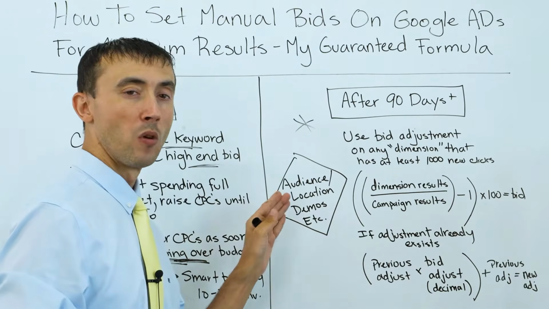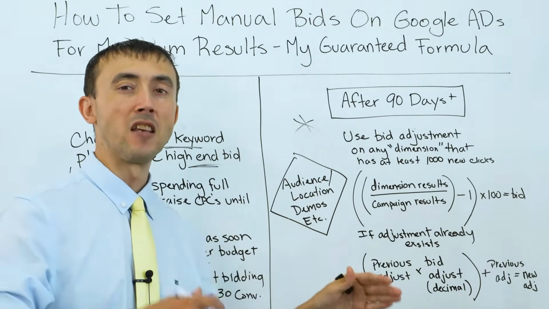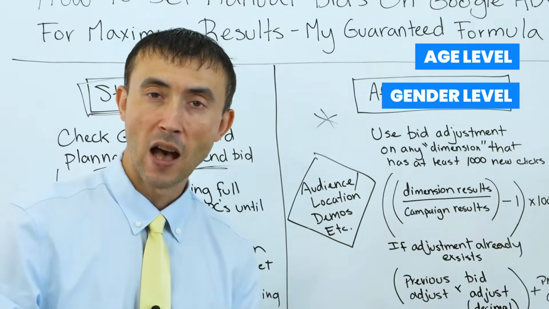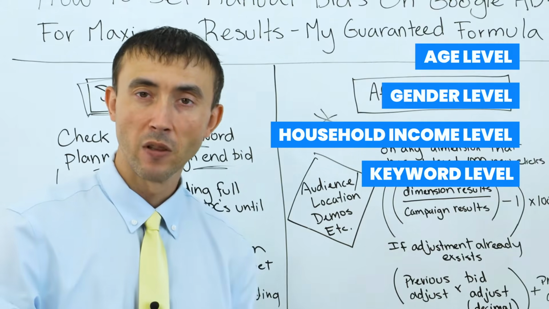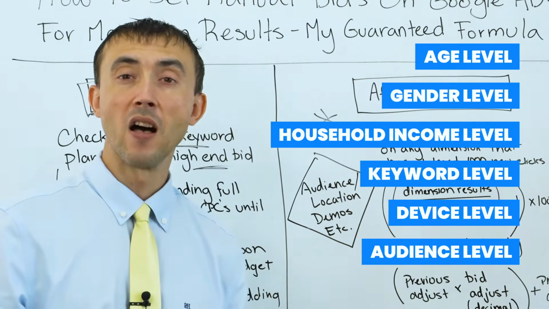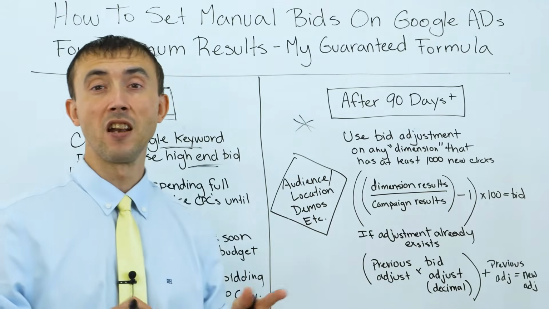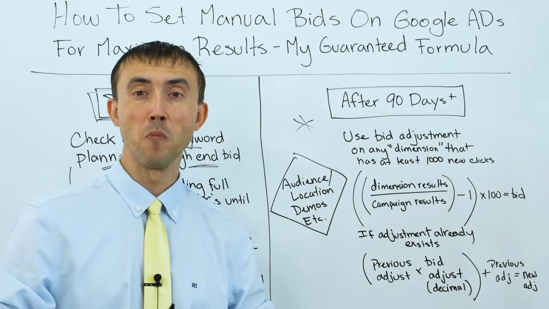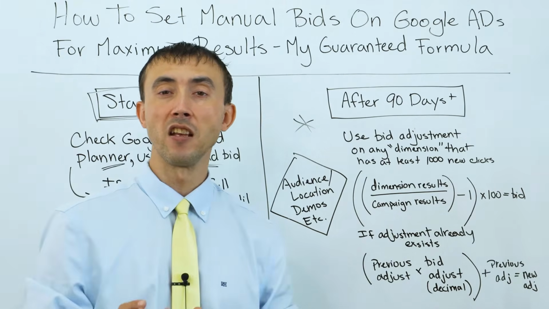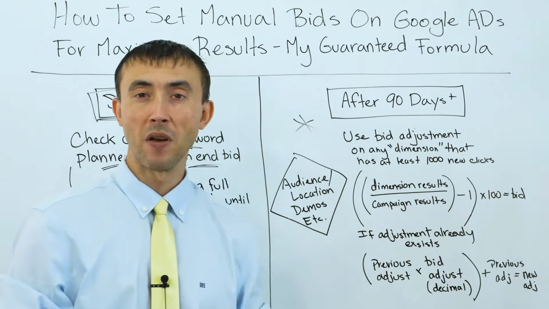But Google will let you do a bid adjustment that is pay more or less for a click on the age level, gender level, household income level, keyword level, device level, all the basics, audience level though as well. And when you're talking about audiences, now you're getting into thousands of different ways to do a bid adjustment, because you can import thousands of audiences into your audience menu or tab on your campaigns.